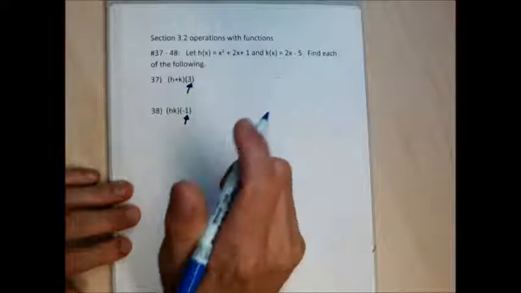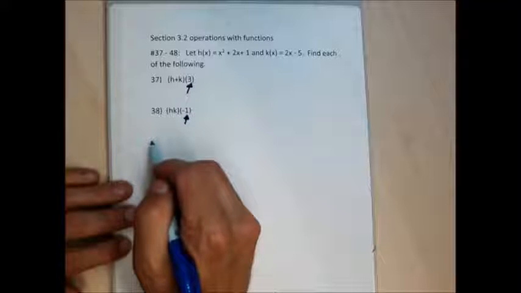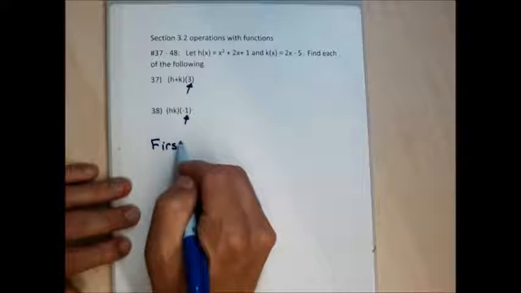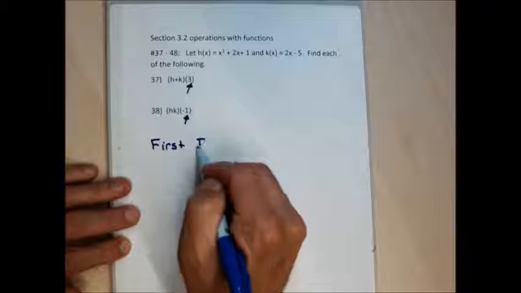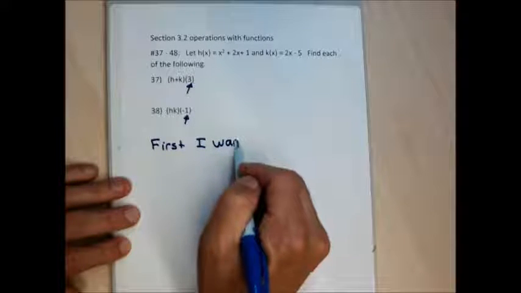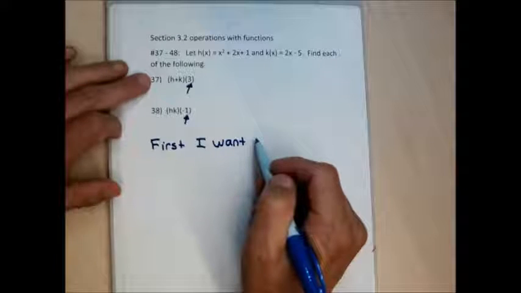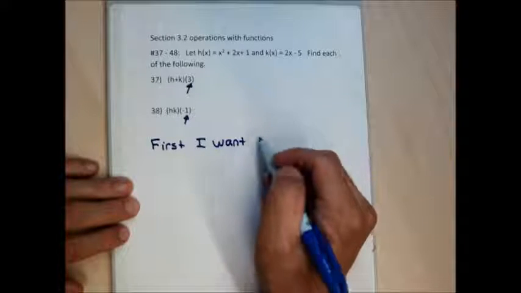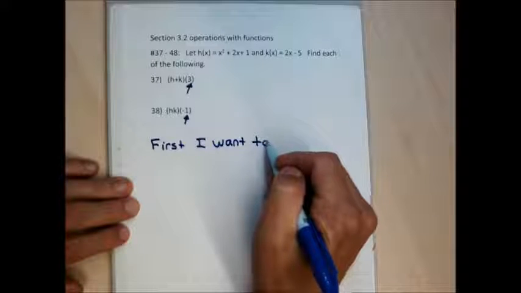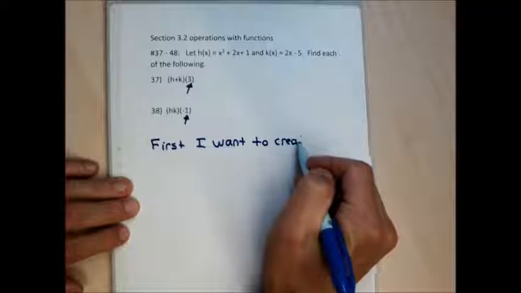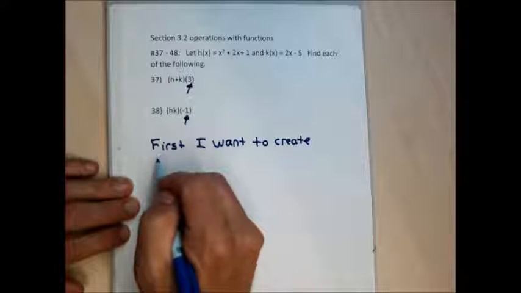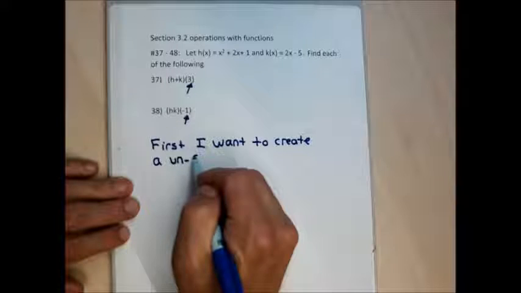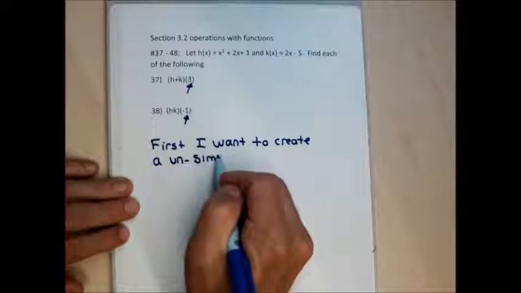To get started for each of the problems between number 37 and 48, first I want to create a non-simplified version of the answer of the problem if the problem was written with an x. I don't think I can spell unsimplified, and I'm not sure that it's a word.